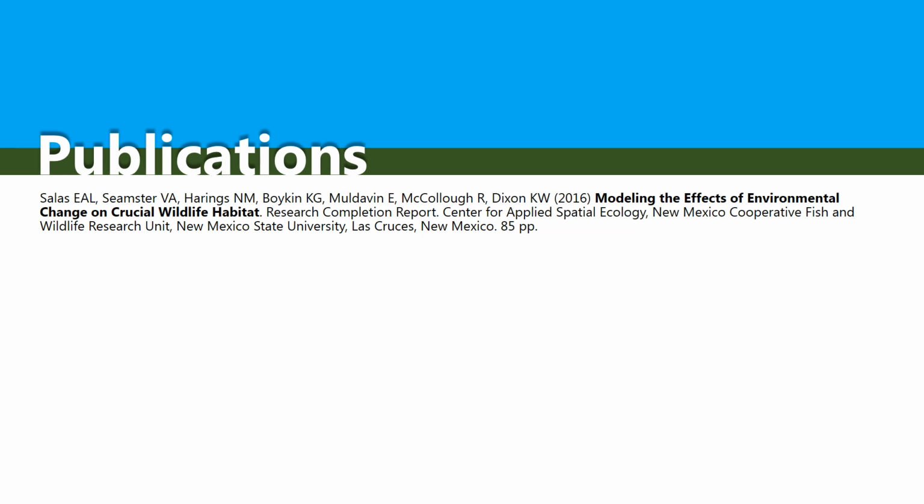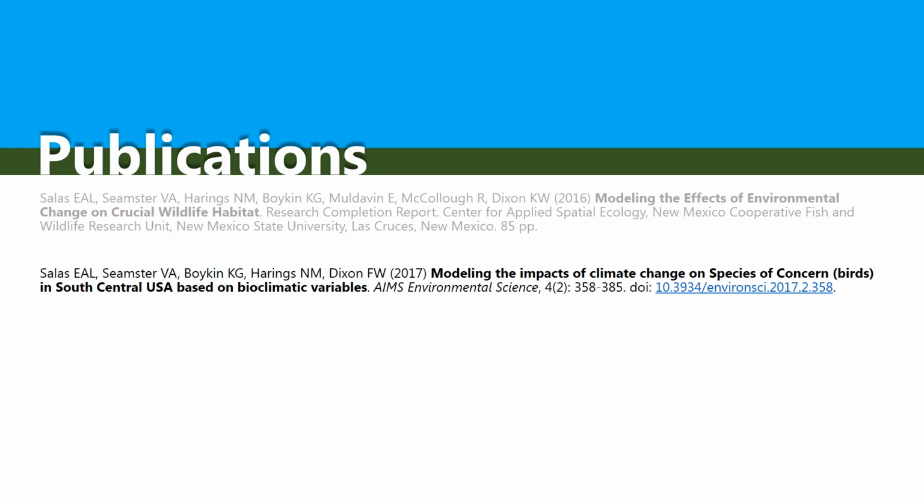This project has resulted in a number of peer-reviewed publications. The first one is the final report that we submitted to the Climate Science Center. We have one paper specifically for the birds that is now available online. In this paper, we made a little modification to the ranges of the species, or the birds, to take into account the species mobility.